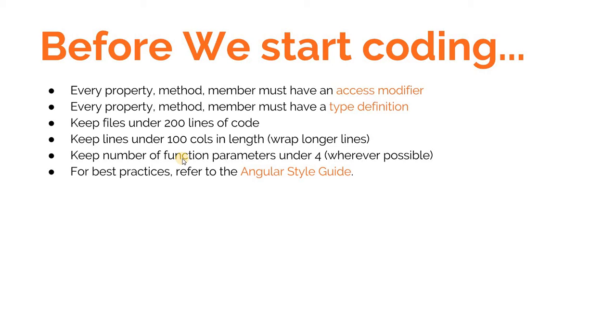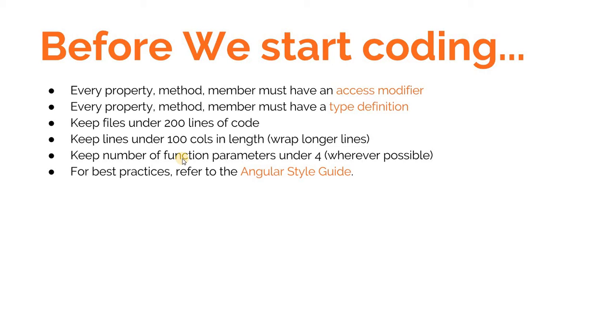Okay, the second thing is that each and every property should have a type definition. They should contain only a particular type of value. Okay, the methods as well should have a type definition, so the arguments that are defined on that particular method should have types, so that we get IntelliSense, and Visual Studio Code is able to help us in things like what all that particular function would require while we call it.